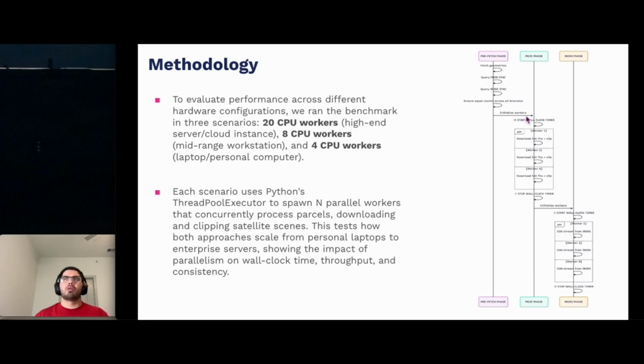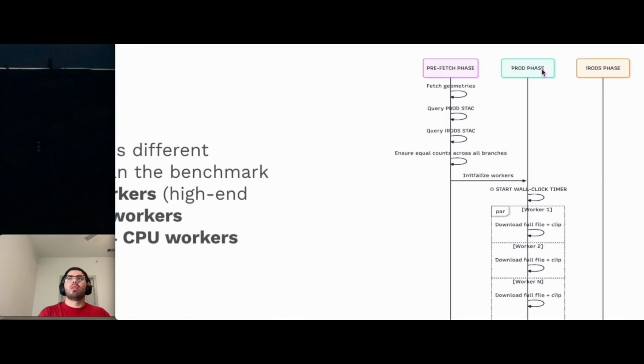In this image right here, we can visualize the benchmark process. It starts with a pre-fetch phase where we fetch the geometries that will be downloaded. Shortly, I will share an image of these parcels. We make a query to the prod stack, to the Microsoft Planetary Computer API, and then we do a query to the iRODS stack.